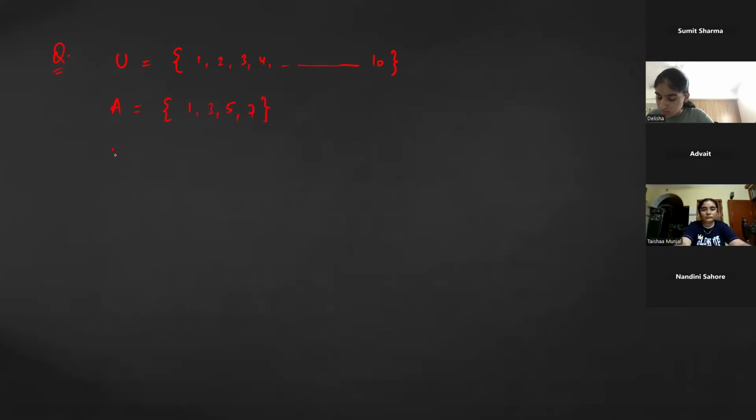These are the elements, and B is another set which is having 2, 3, 5, 7, and yeah, that's it, right? So these are the elements.